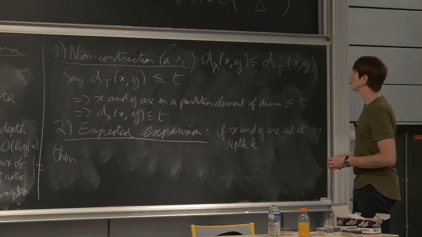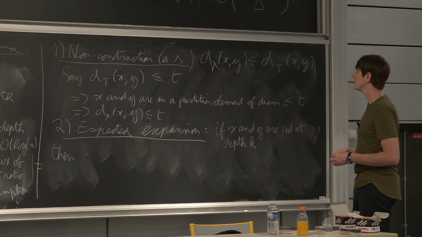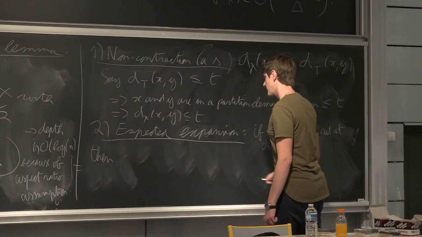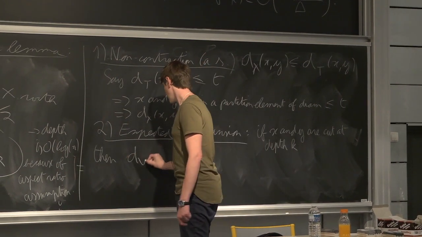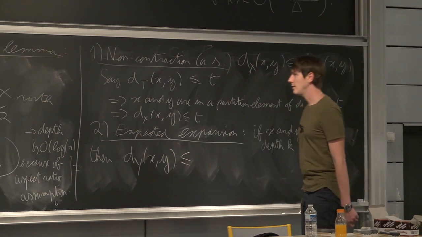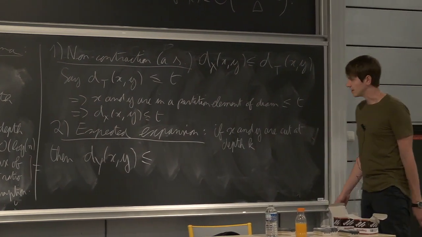Let me just think. The probability that it's cut. If x and y are cut at depth k, then the distance in y between x and y, what do I know about it? Wait, that doesn't make sense. I'm confused.